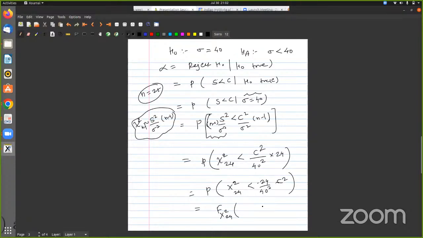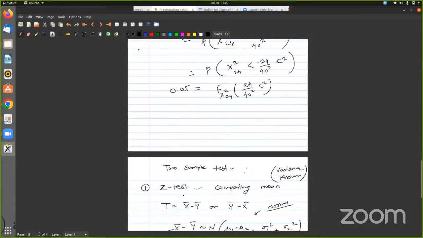Only F of chi-square, because it is less than; just think of this curve, everything towards the left. So F chi-square 24 of 24 by 40 square into c square is equal to alpha, which is 0.05.